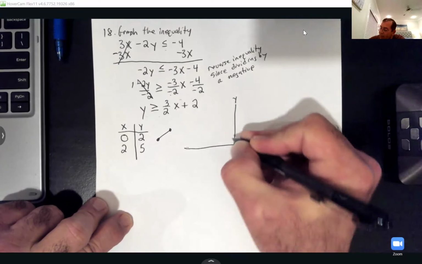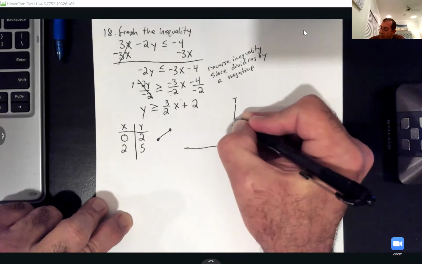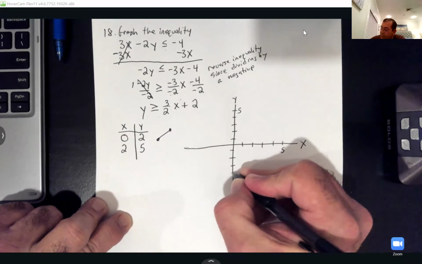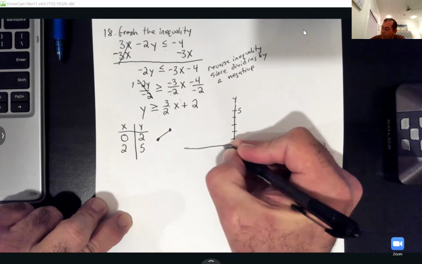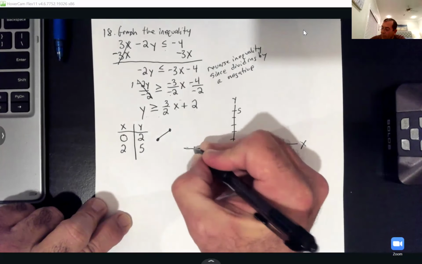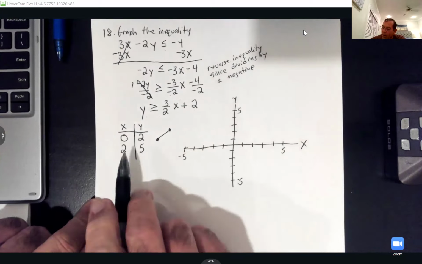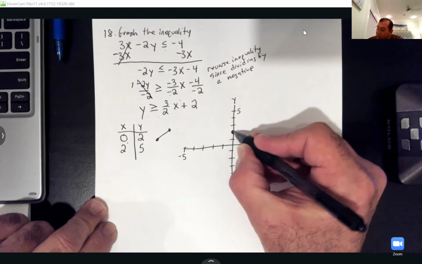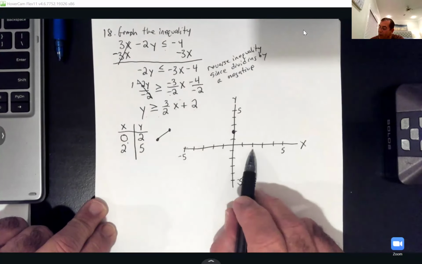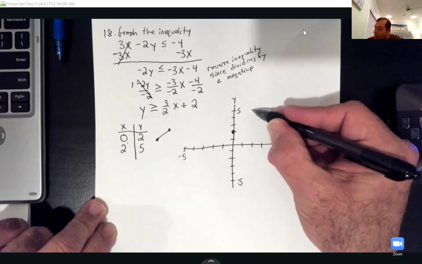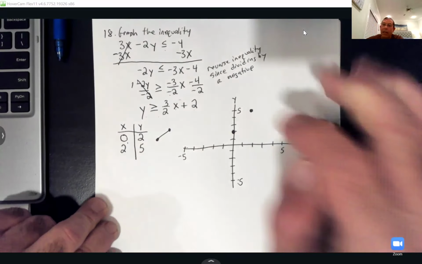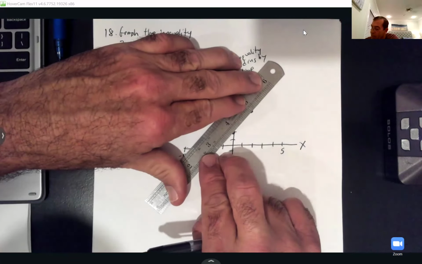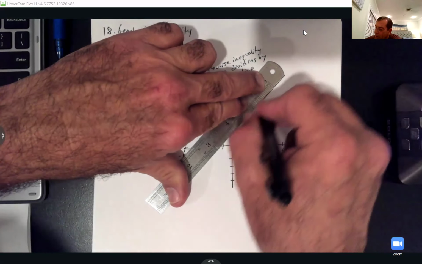So let me go out about 5 on this. So 0, 2 will be at 0, up 2. 2, 5 will be right 2 and up 5. Now at that point, it's going to draw a solid line because that's what's chosen by default.